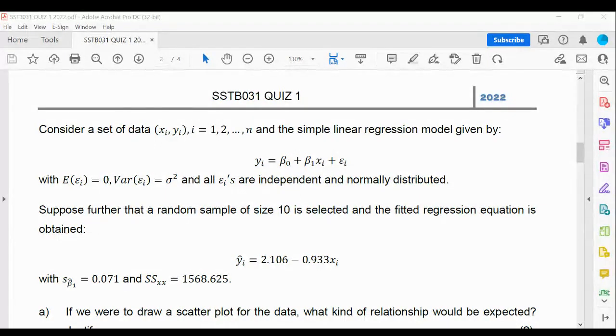You can see that our intercept there is 2.106, and our slope is negative 0.933. And we have the standard error of the slope, which is S beta 1 hat, 0.071. And we have SSXX, which is 1,568.625. So that is the given information.